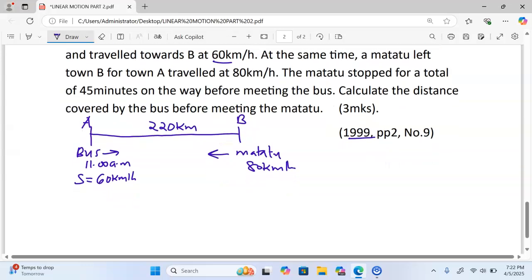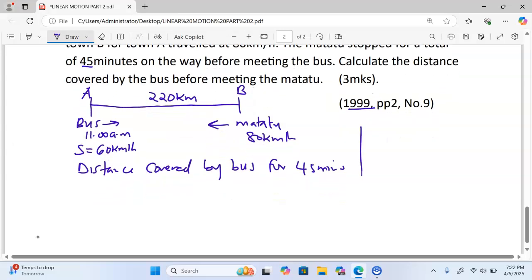We have been told that the matatu stopped for a total of 45 minutes on the way before meeting the bus. We can still argue that the matatu is starting 45 minutes late, and therefore we can start by calculating the distance covered by the bus for 45 minutes.